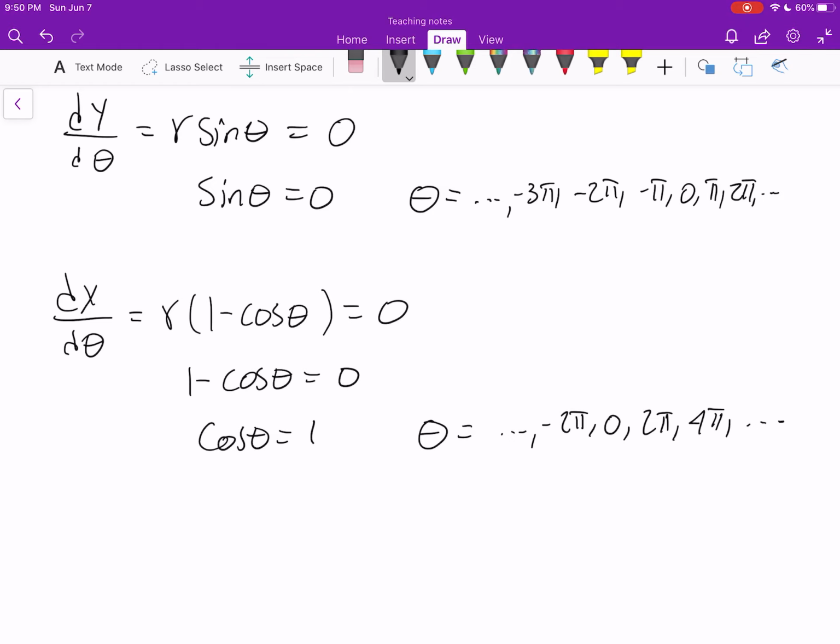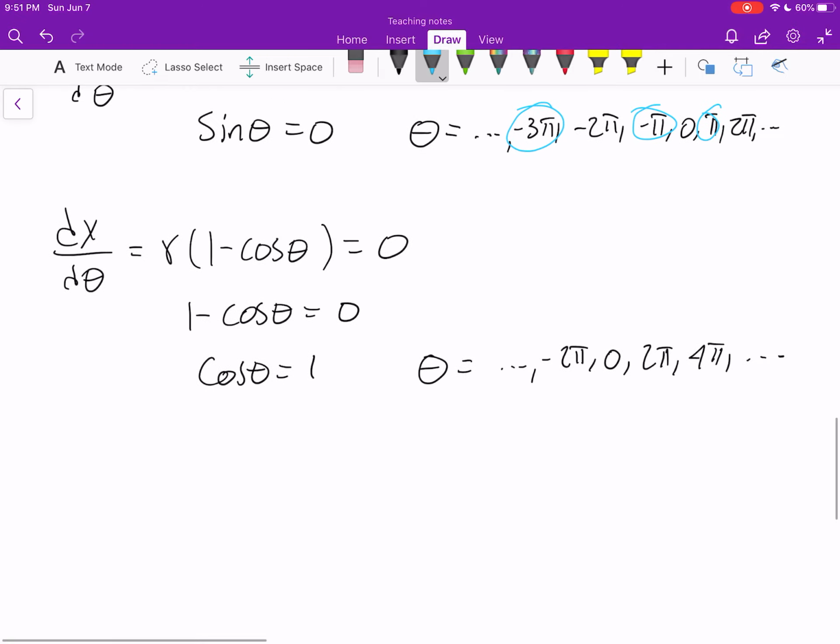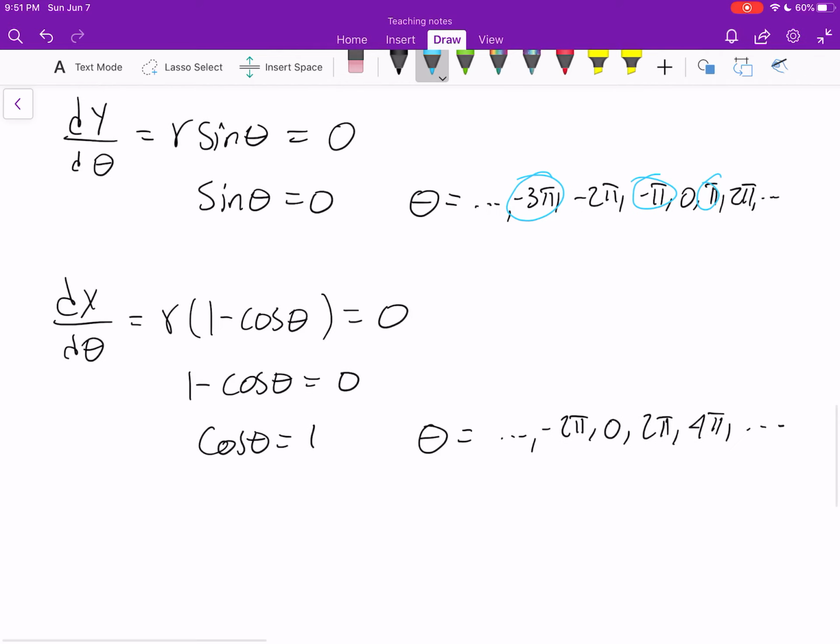What you'll notice is there are values of theta where dy/dθ is equal to 0, but dx/dθ is not. And at those values, I for sure have a horizontal tangent, because dy/dx is equal to 0.